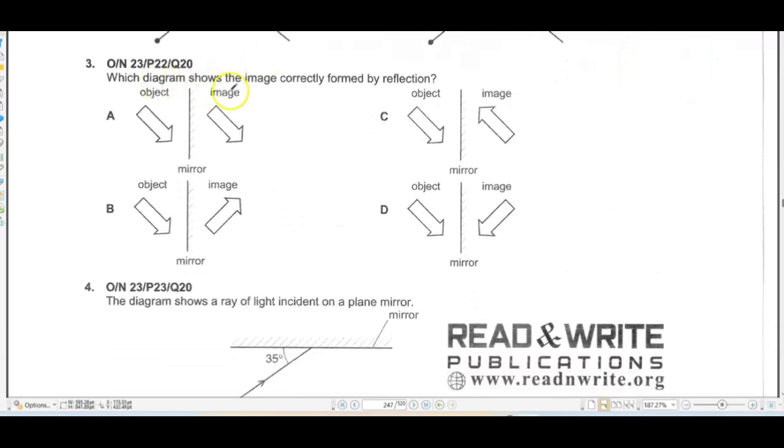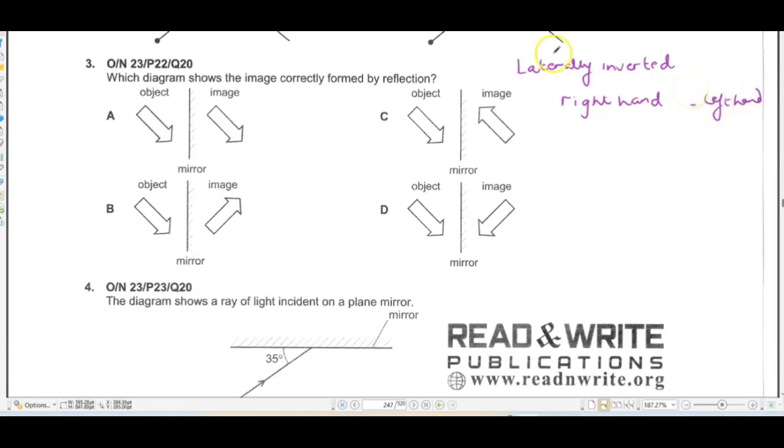Which diagram shows the image correctly formed by reflection? Okay. The images that are formed by reflection are laterally inverted. Now, what does lateral inversion mean? That our right hand, for example, is going to appear as our left hand in the mirror.